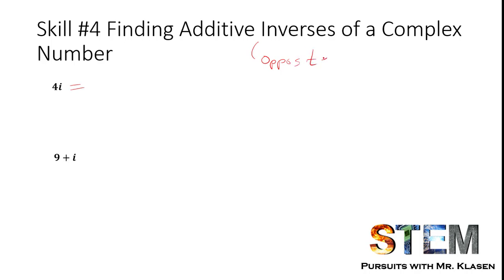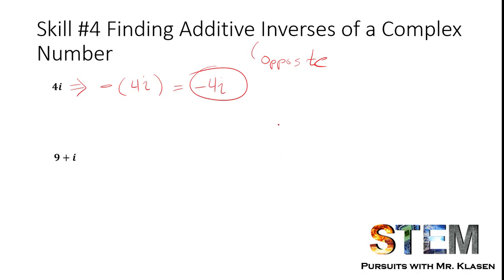And if you want to find the opposite of something, you just multiply it by -1 or put a minus sign. So the additive inverse of 4i is simply -4i. And it works the exact same way.